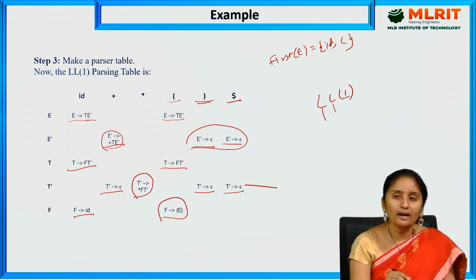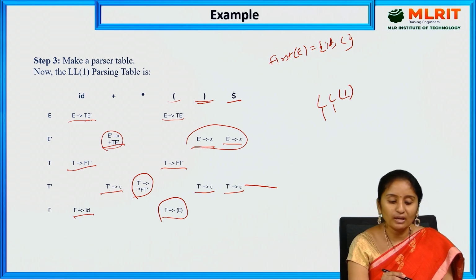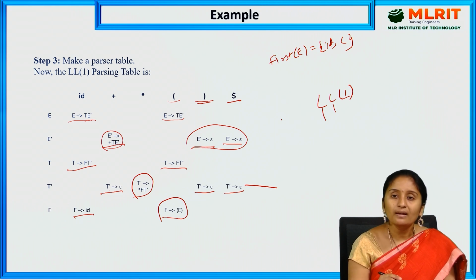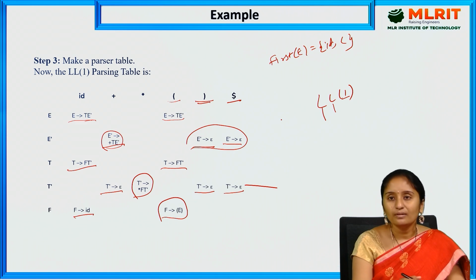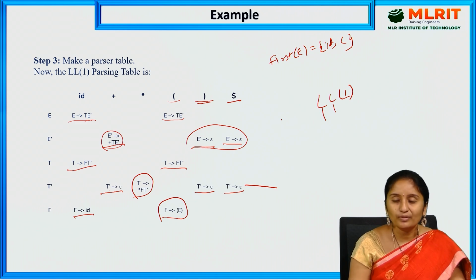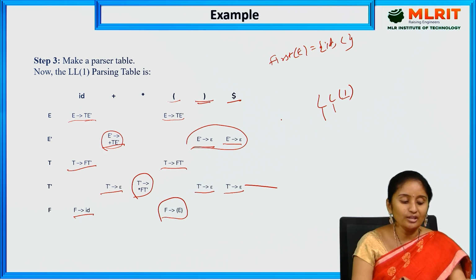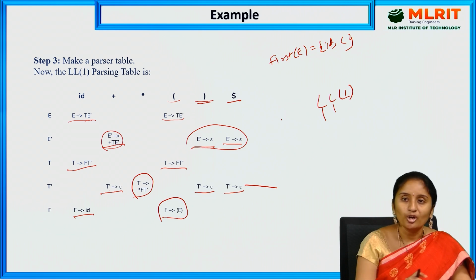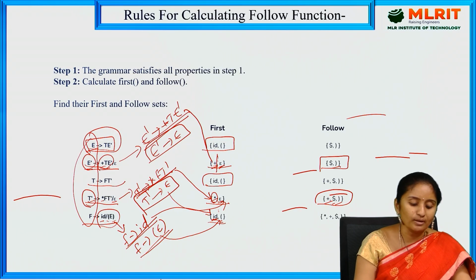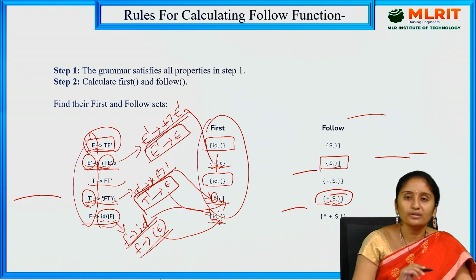So take a grammar and check that it is free from left recursion, unambiguous, and left factored. After that, we construct the first and follow functions. After calculating them, we need to construct the LL1 parsing table. To construct it, we concentrate mainly on the first function.